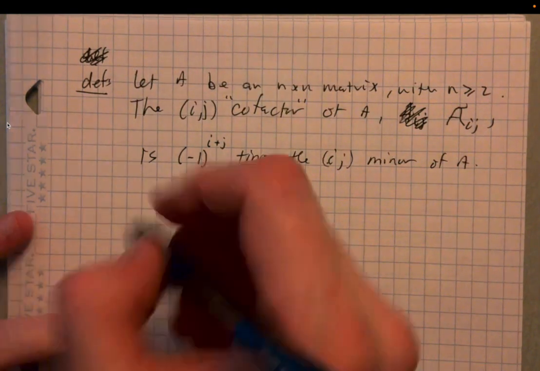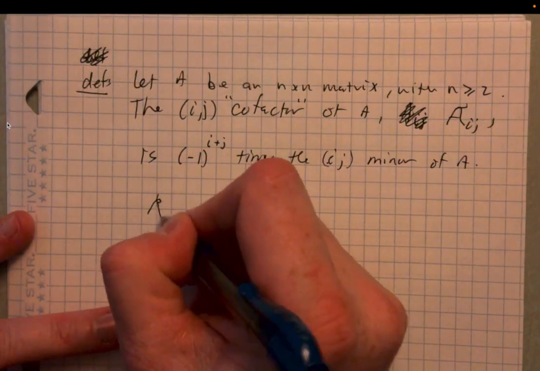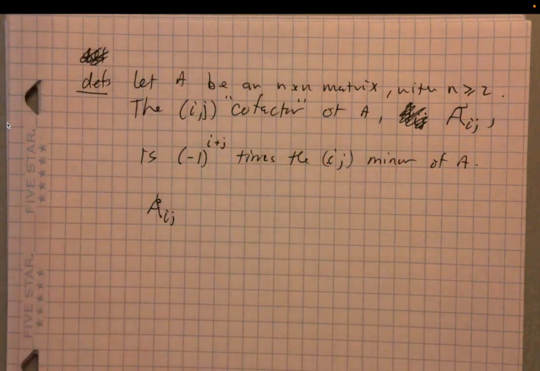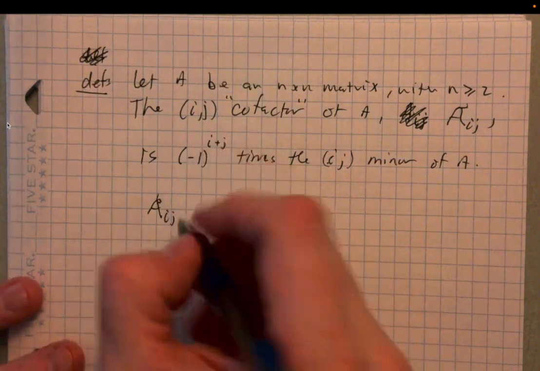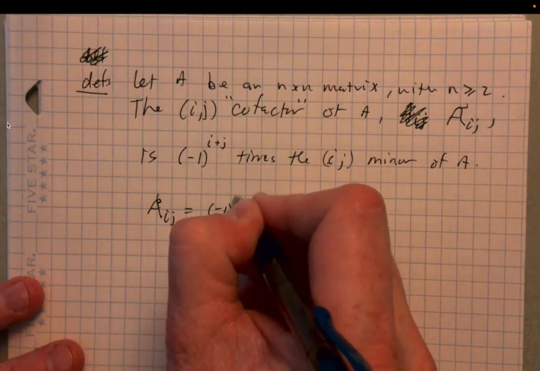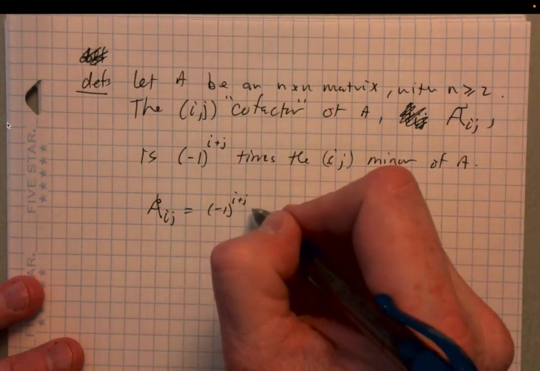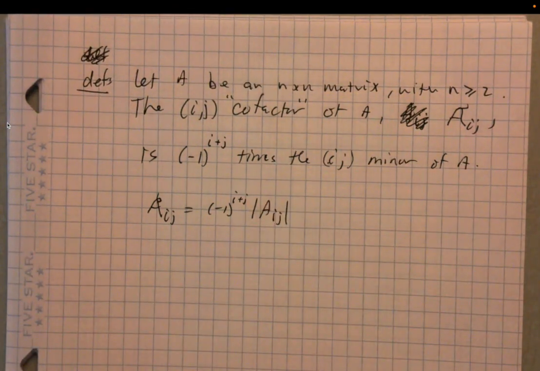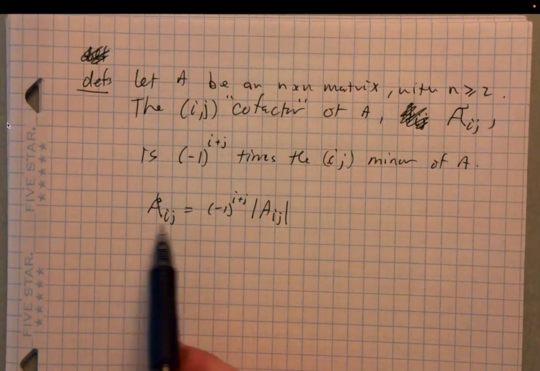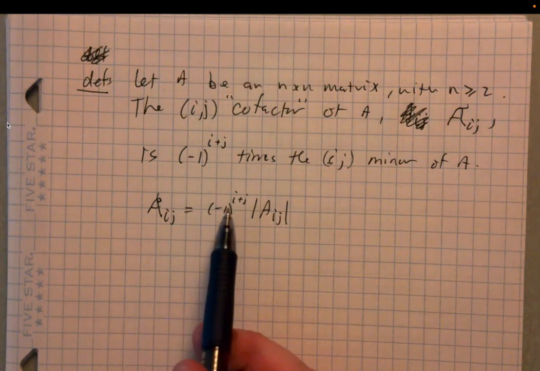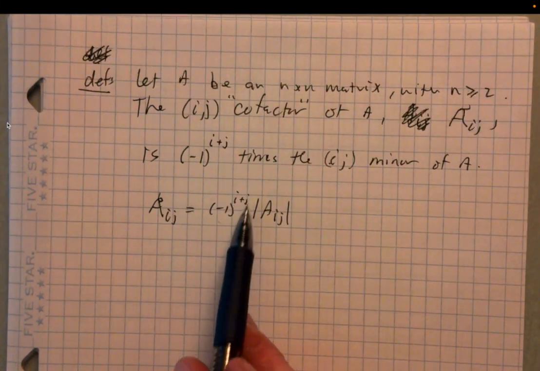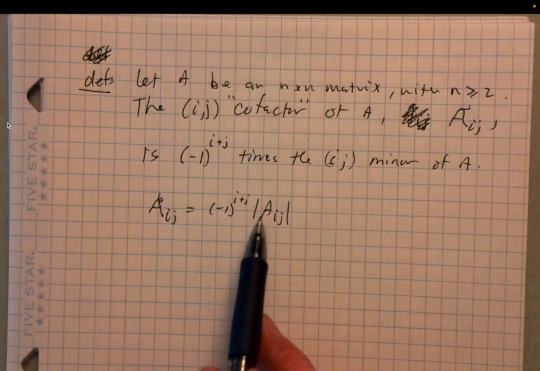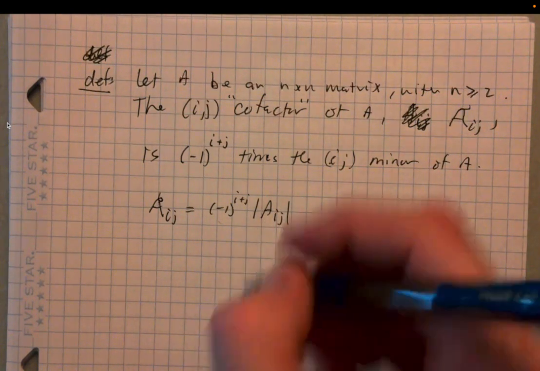It means that the ij cofactor of A is equal to -1 raised to the i plus j power times the ij minor. In more standard terms, the ij cofactor is equal to -1 raised to the i plus j power times the determinant of the ij submatrix of A.